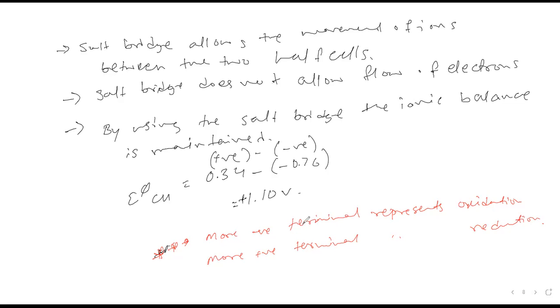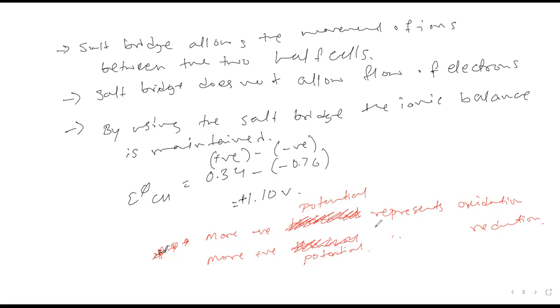Or simply, if we don't consider the negative or positive terminal, just say the more negative potential represents oxidation, and the more positive electrode potential value represents reduction.